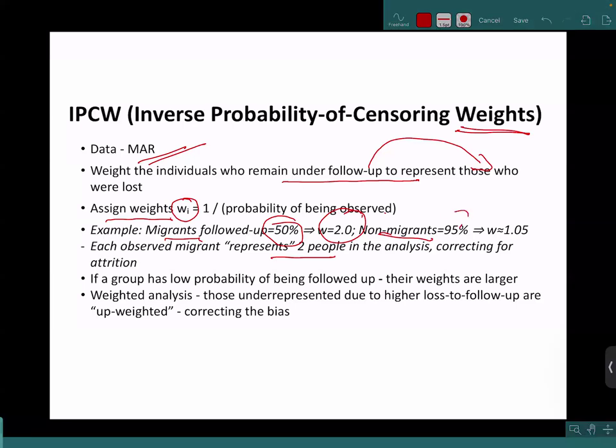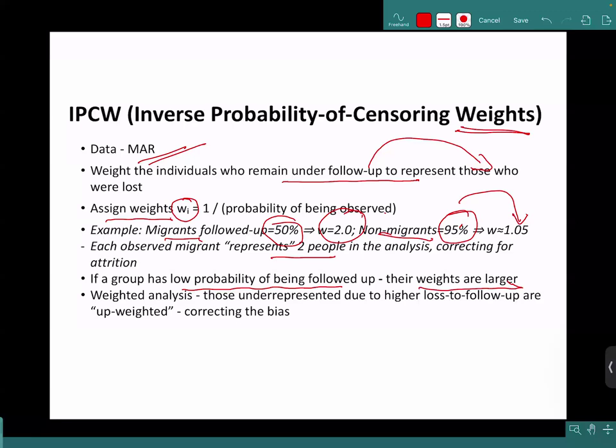On the other hand, there is 95% follow up in the non-migrants. So you use this formula and you get a weight of 1.05. So 1 is going to represent 1.05 individuals. So if an individual is there because of loss to follow up, their weights are going to be larger if there is a higher proportion who have been lost to follow up.